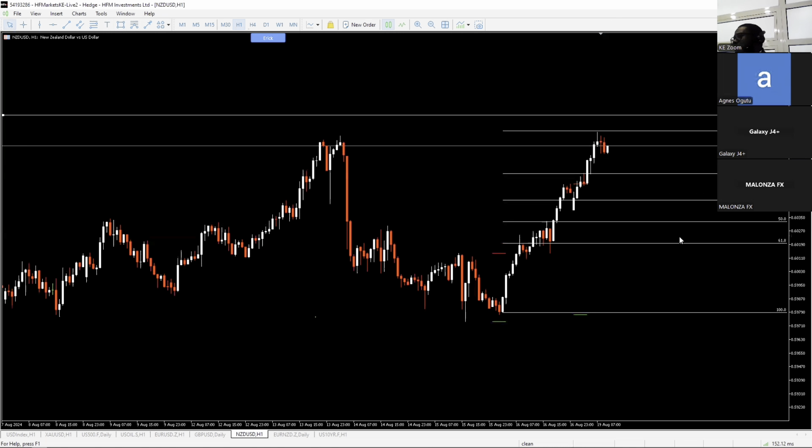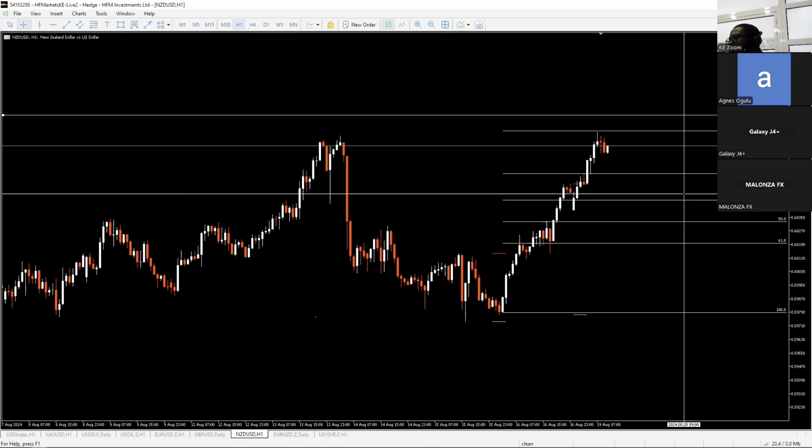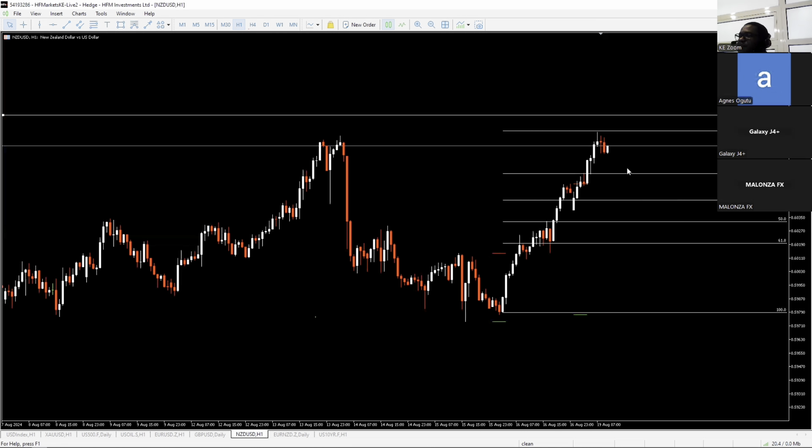Wait to see whether this asset will retrace all the way to 60.35 and 60.43 thereabouts, or even better at 60.50, around number level, 0.6050 thereabouts, at the 38.2 level. We might have that pullback all the way to that level.